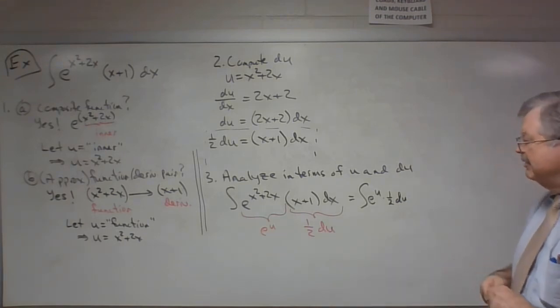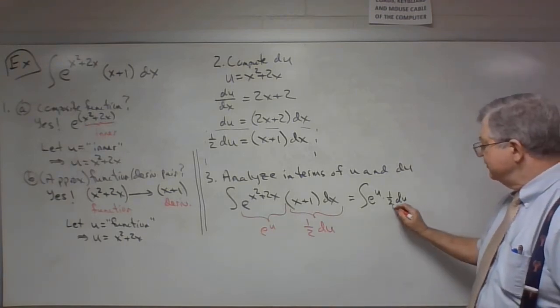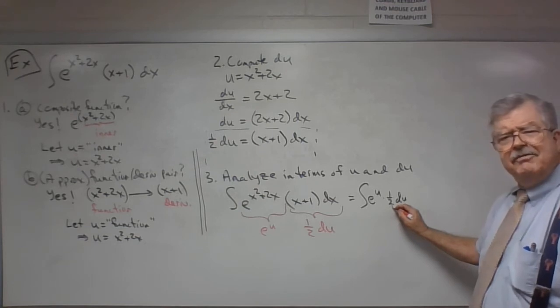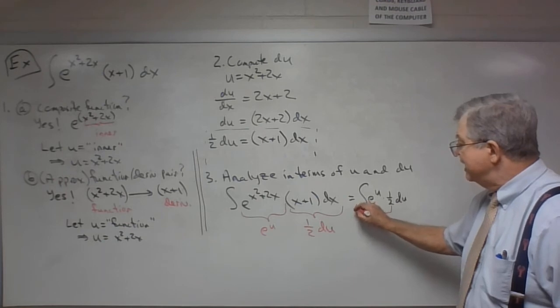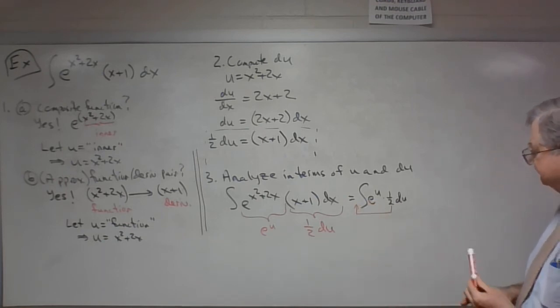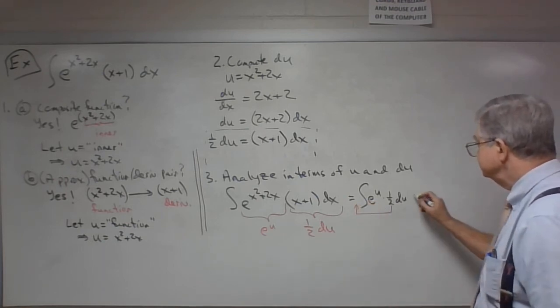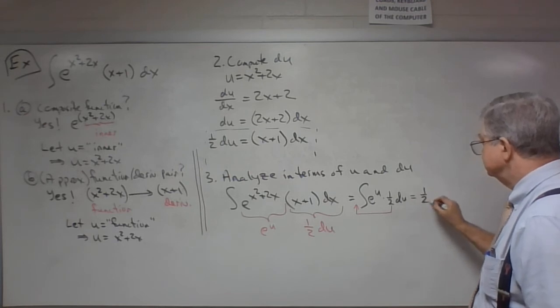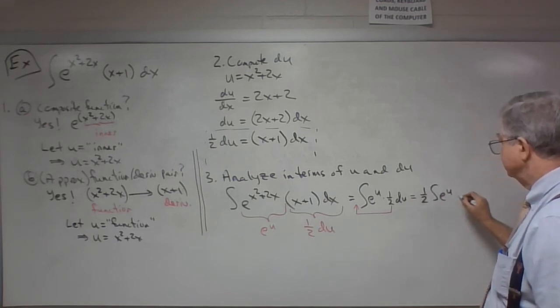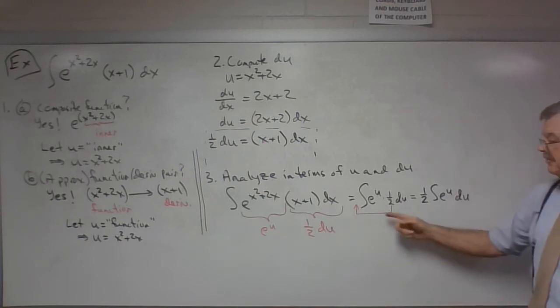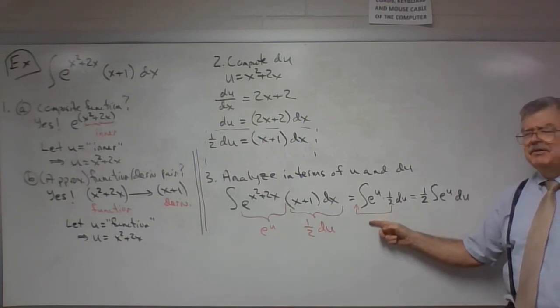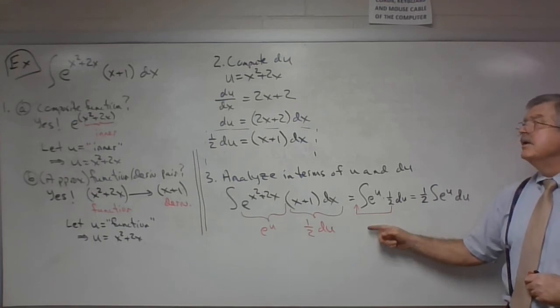We rewrite the integral in terms of u and du, and we have a constant factor here in our integrand. We can just take that and move it out front. And this is exactly why we don't have to have an exact function derivative pair.